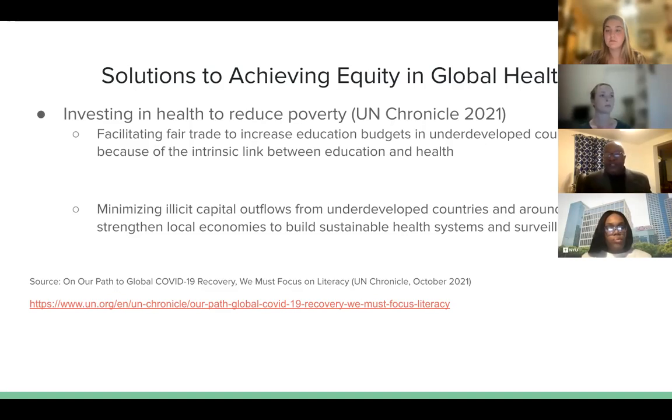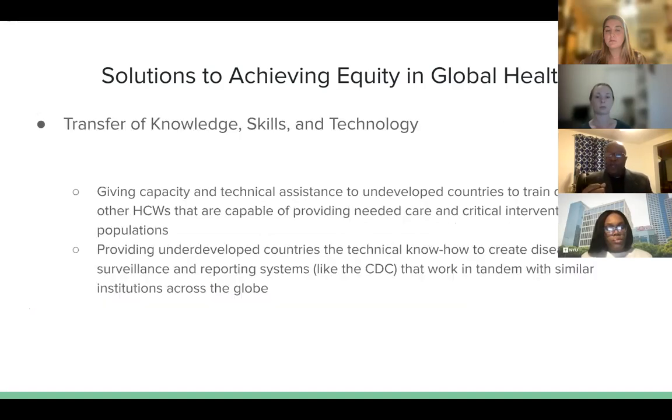If we do these things as a global community, if we work together as a global community, it is possible that together we can bridge the gap in global health equity or in the inequities in access in healthcare. We can bridge the gap, make sure that we empower individual countries, especially underdeveloped and developing countries.